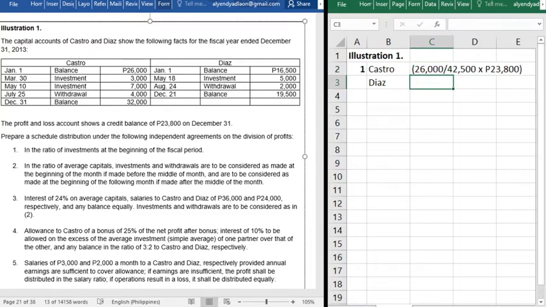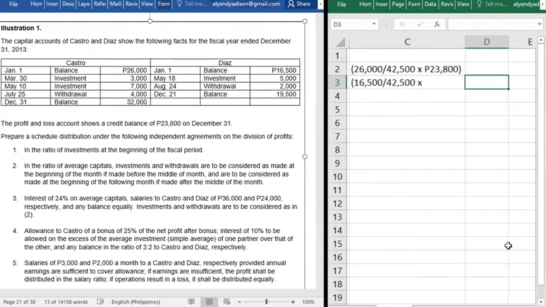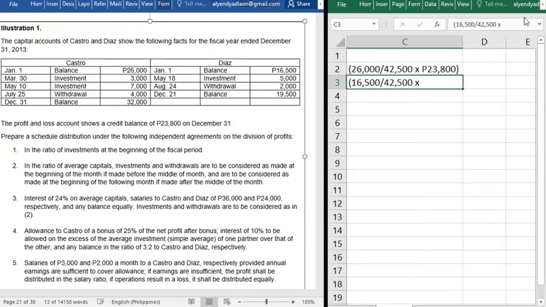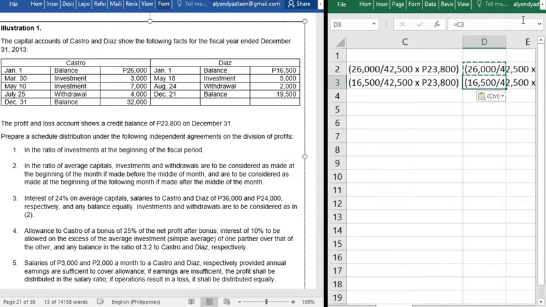And then for Diaz, we have 16,500 divided by 42,500 times 23,800. So how much is that? I'm just going to have to copy and paste. Oh, I cannot do this. I just have to solve it again.